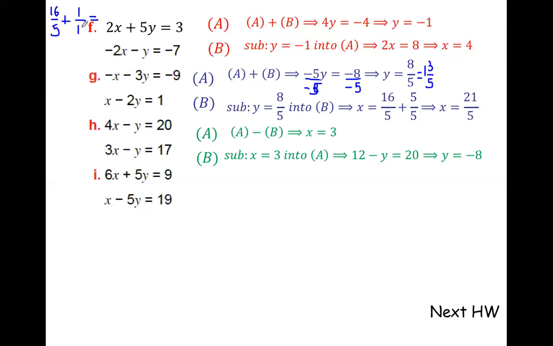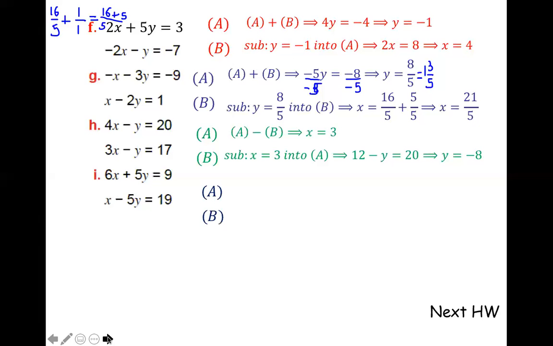You've done 1 times 16, which is 16, plus 5 times 1, which is 5, over 5 times 1. You get the same answer, which is 21/5. Cool.